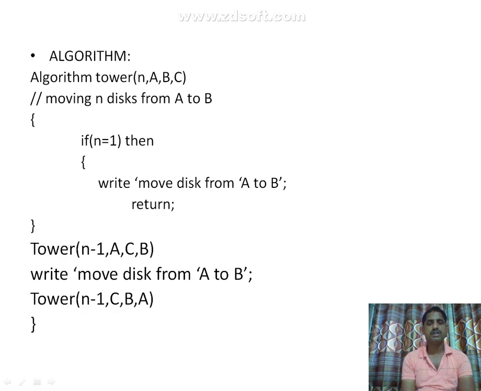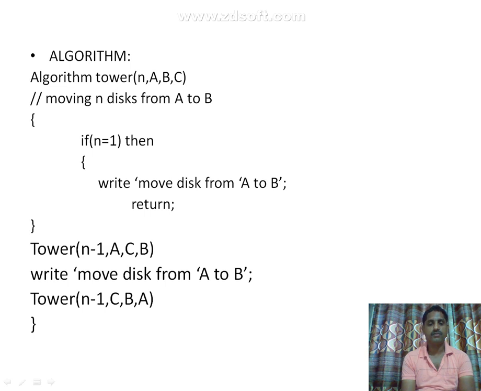See here the example, the towers of Hanoi. Algorithm Tower(n, A, B, C), where n is the number of disks, A is the source, B is the mediator and C is the destination. Here we are moving the disks from A to B. If n equal to 1, then move disk from A to B and return.